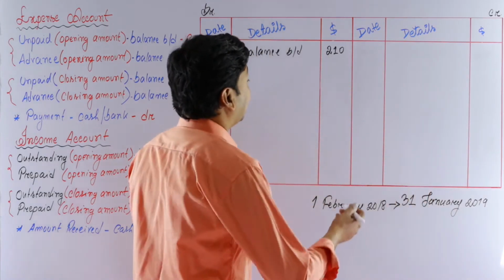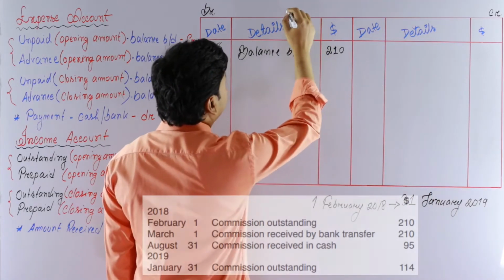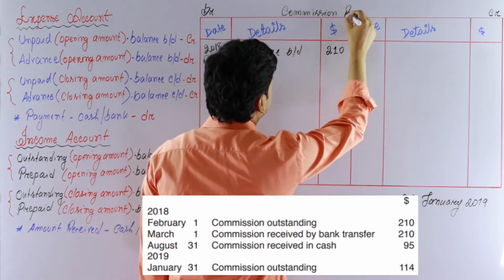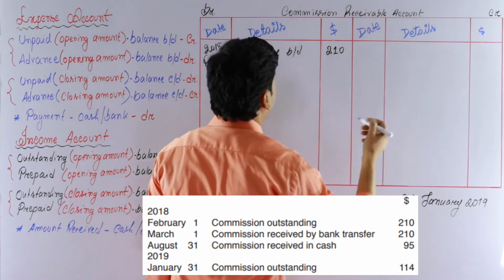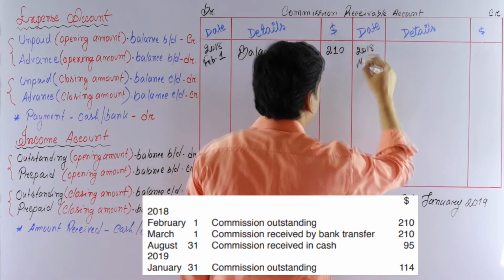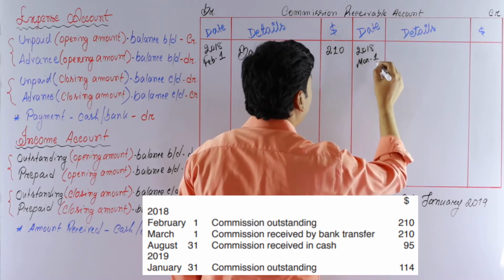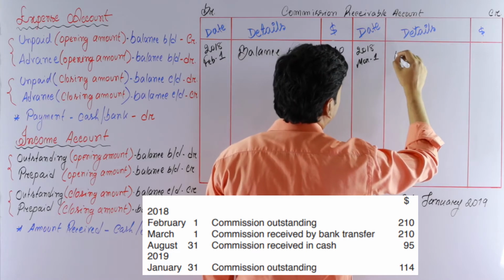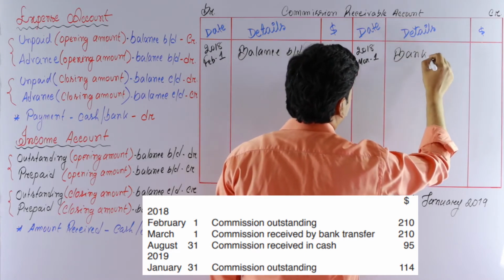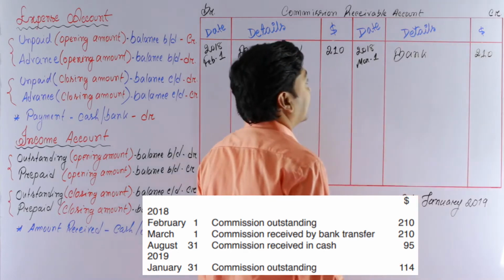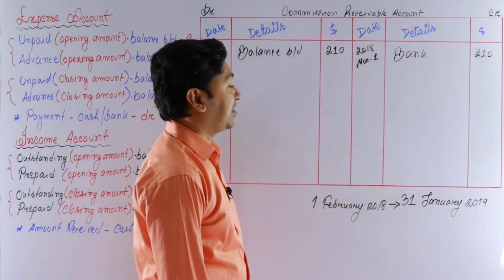Here we write the name of the account, which is commission receivable account. Let us write the date first, 2018 March 1st. Chen received money by bank transfer, so we write bank. The amount is $210. Very good, we completed this transaction as well.